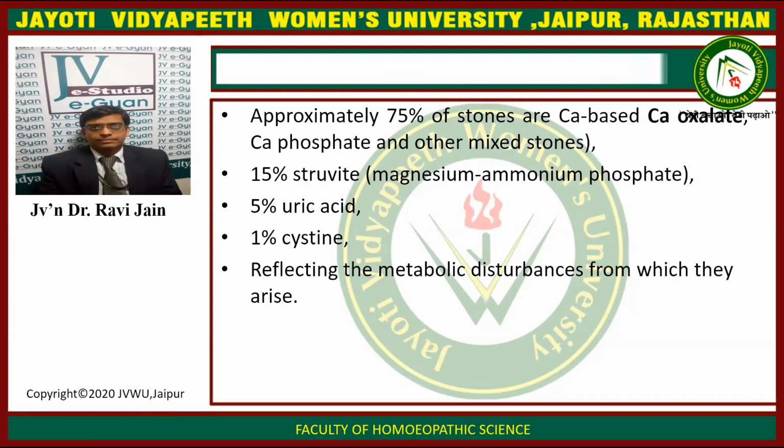So, of the three, most commonly calcium oxalate, then calcium phosphate, and then mixed stones, in reducing order of occurrence. 15% are struvite stones, composed of magnesium ammonium phosphate, 5% uric acid, and 1% cystine stones, reflecting the metabolic disturbance from which they arise.